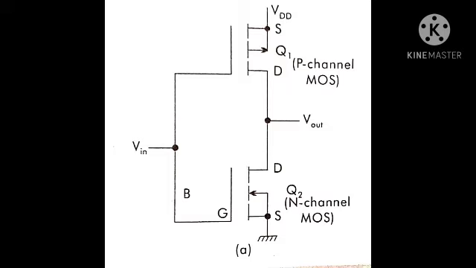The same thing happens for the CMOS. That is, the on-off state for the CMOS is somewhat different, that I will illustrate here. But try to understand the concept of VTH, that is the threshold voltage, VT or VTH. Here I have considered VTP as the threshold voltage for the PMOS and VTN as the threshold voltage for the NMOS.